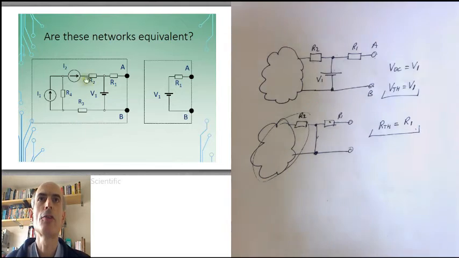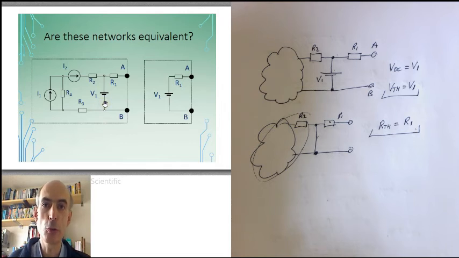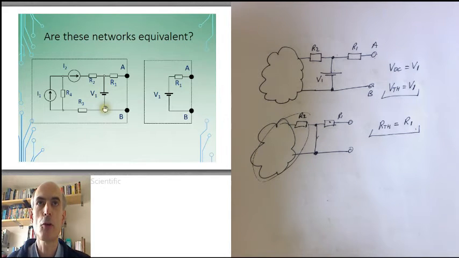And the reason for this is that they are in parallel with a voltage source. Anything in parallel with a voltage source isn't going to change the voltage between this point and this point. All it will do is change the amount of current that flows down through the voltage source. But they're not going to change the voltage between there and there.